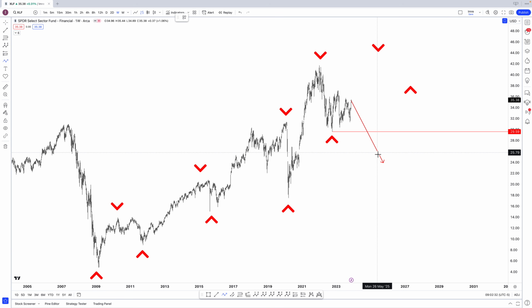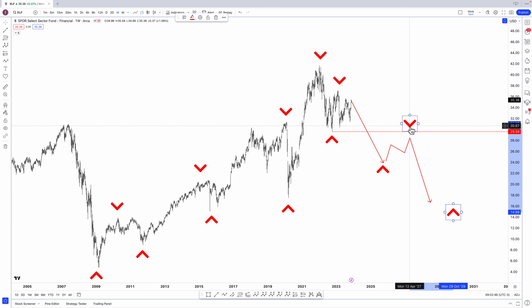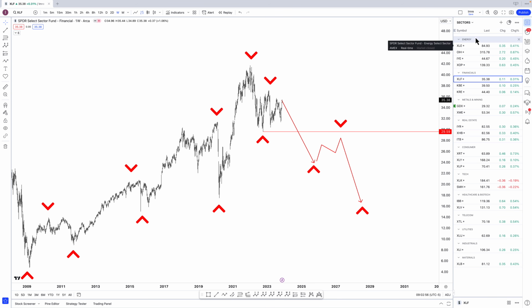But if I get a break below here and we get a corrective pullback, then I can be safe in knowing that the market structure is on my side. And now I have a high here, I have a low, I have a lower high, I have a lower low, I have a lower high, and I'm looking for a new lower low. Right? That's the power of market structure. That's how market structure keeps you on the right side of the trend far more often than not.